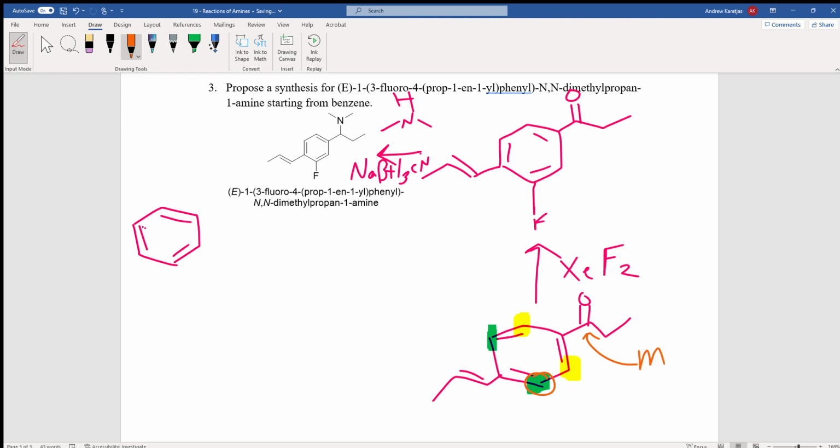We know that the alkene over here is an ortho-para director. And the ortho-para is also one of those carbons I've highlighted in green. So that's going to work. The substituent that we add in is going to go onto one of those green carbons. Doesn't matter which one, they're equivalent because at this point the aromatic ring is symmetric. But that allows us to put the fluorine on.